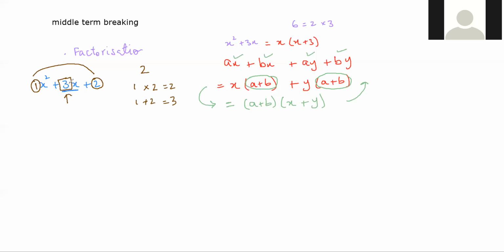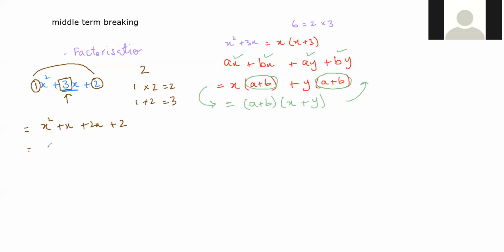So that means I can break this 3x into x plus 2x. This is going to be x squared plus x plus 2x and then plus 2. Now these are the 4 terms, just like the 4 terms over here.